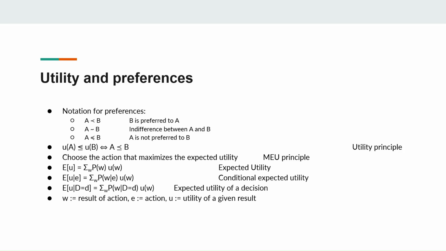Because if this is not the case, then we get stuck in a loop, right? Because then we can say, I prefer A over B, which I prefer over C, which I prefer over A.